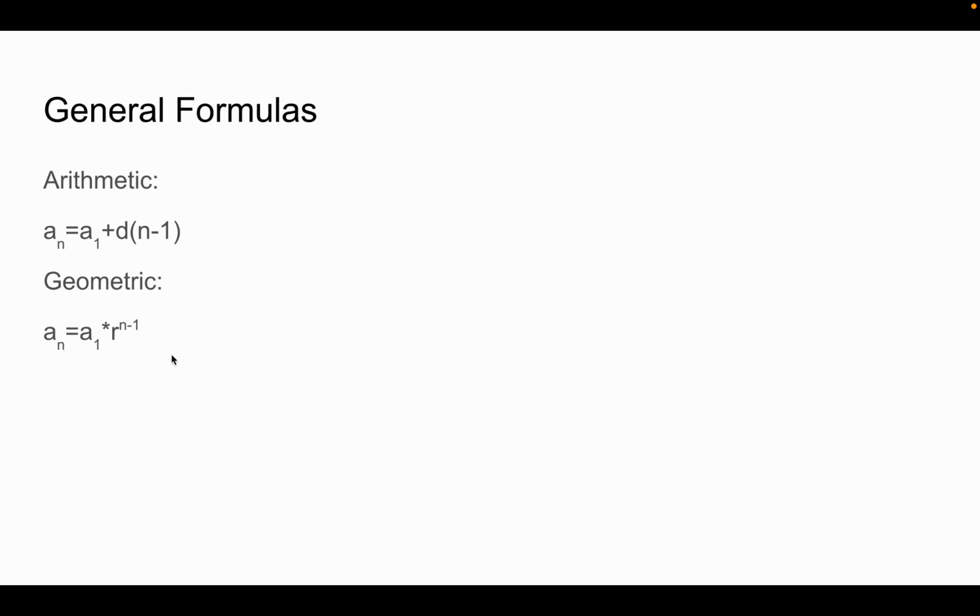It's also the same for this, but this is more like an exponential equation. This would be like the slope, and this would just be x, or x minus 1 if it was a linear equation. The arithmetic formula is similar to linear, and for this geometric equation it's similar to exponential.